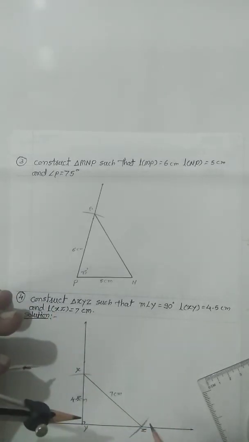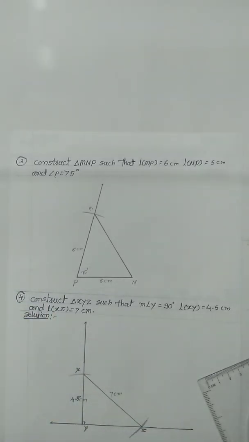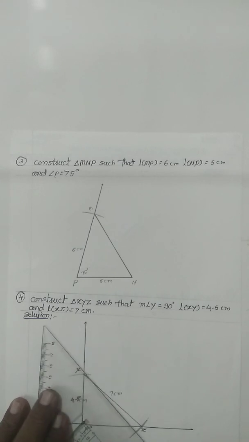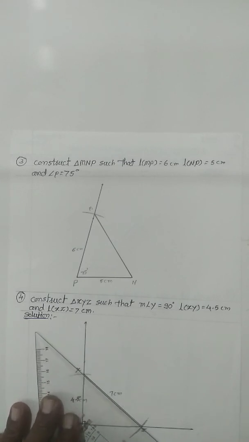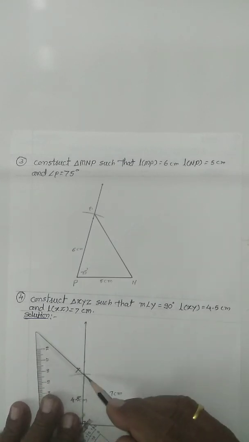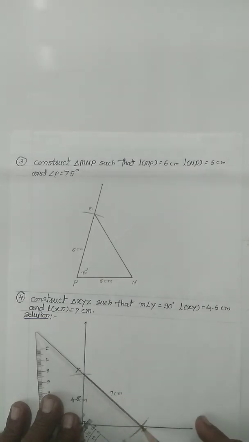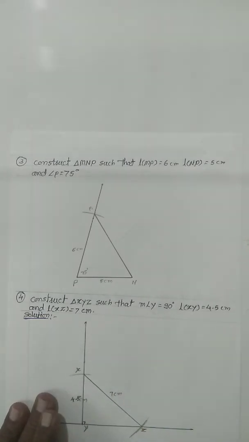We get here point Z. Now join this point Z with X. We get the right angle triangle XYZ. In this way we complete the construction of the triangle.